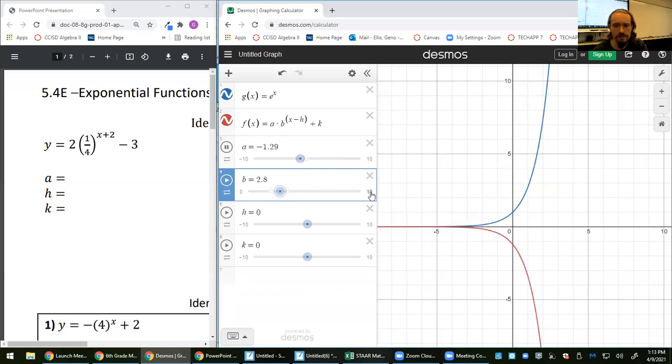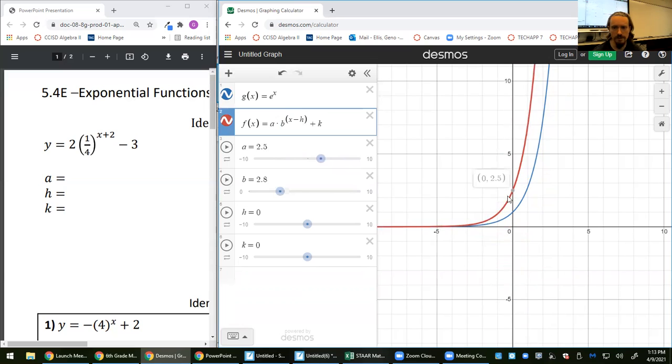So we can see we change a. Big thing you notice, as soon as it's negative, it flips it over, just like with any other equations we've done. If this leading coefficient is negative, it flips it upside down. We can also see that if h is 0, and we'll mess with h later, this value of a is always going to be the y-intercept.